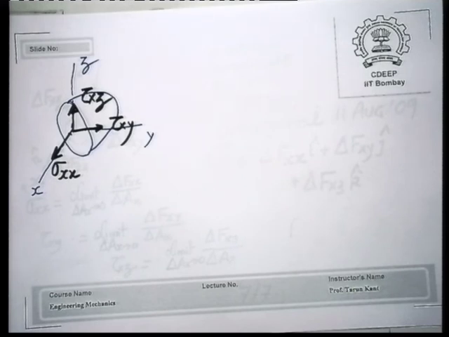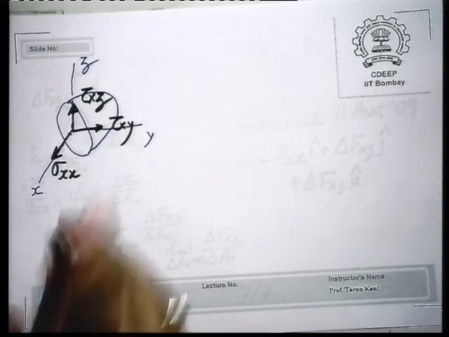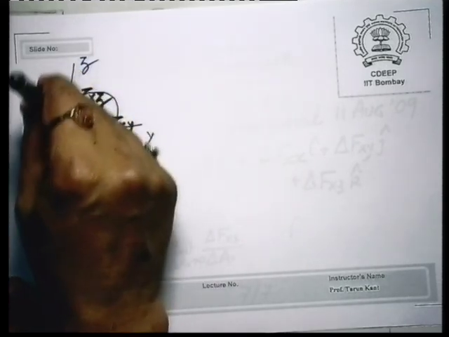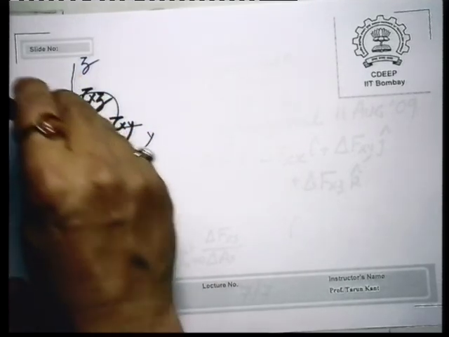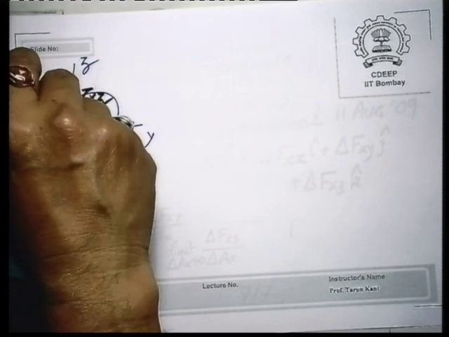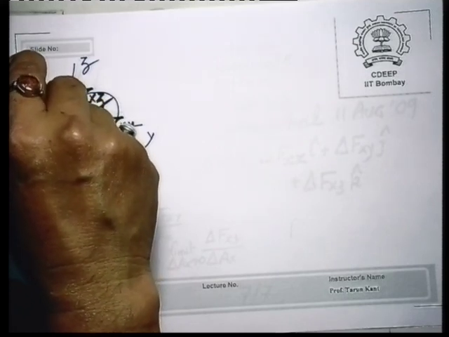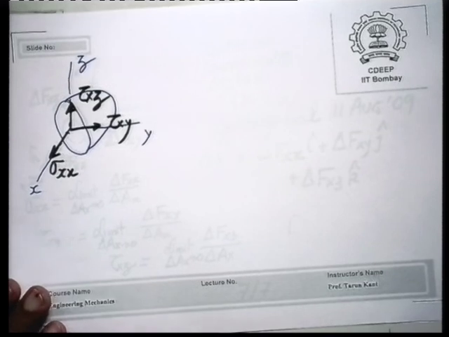On one plane there will be 2 shear stresses and 1 normal stress. Is it clear? But if you take the resultant of all the 3, there can be only 1 inclined stress. Is it not? I can also take this stress multiplied by the area dA, and that will give me a force like this, inclined. So we are just defining a general case.